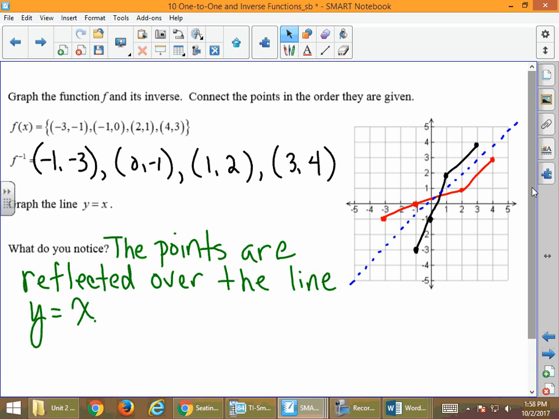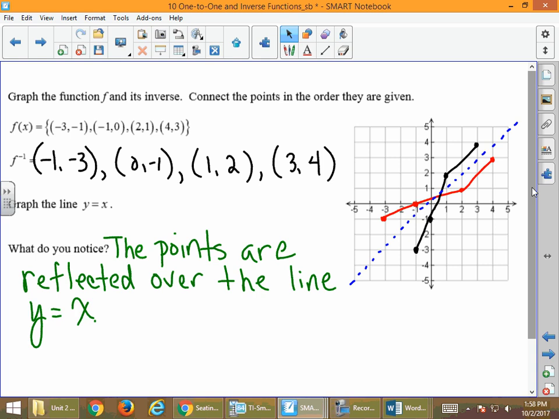Before I talk about it, so people watching the video can understand, this point goes with this point. And this point would land on that point. And this point would land on that point. And this point would land on that point if we folded this graph along the dotted line. In other words, we have the point -1, -3.